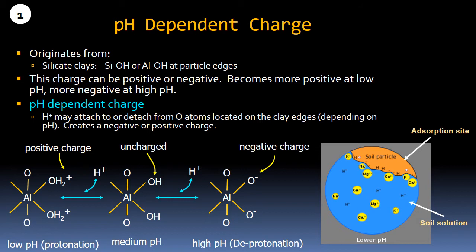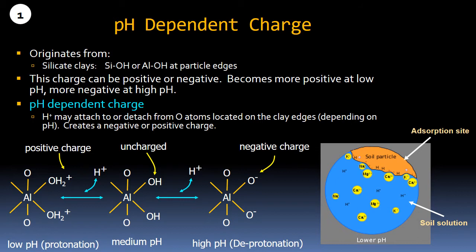So what happens then with the pH here and the octahedron, for example? In this condition, as the pH increases, the concentration of the hydrogen in the soil solution decreases. And as it decreases, what happens to the OH that is attached to the octahedron?